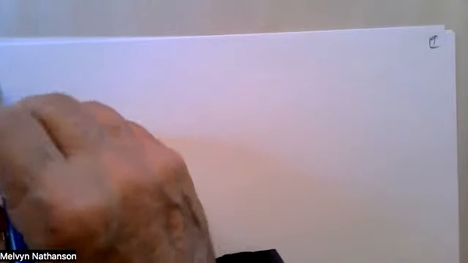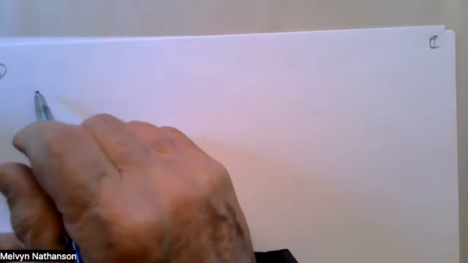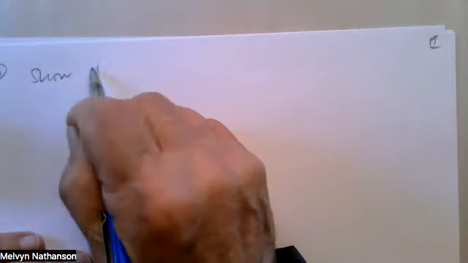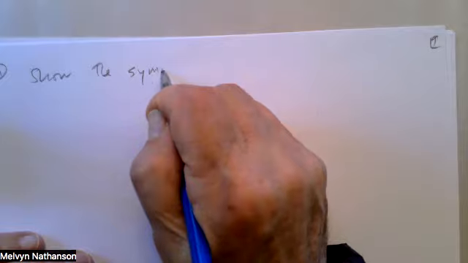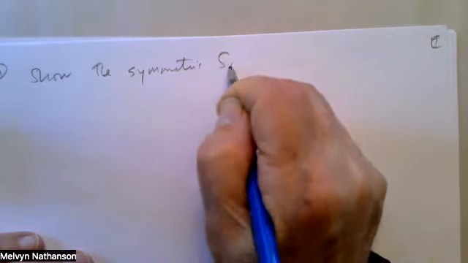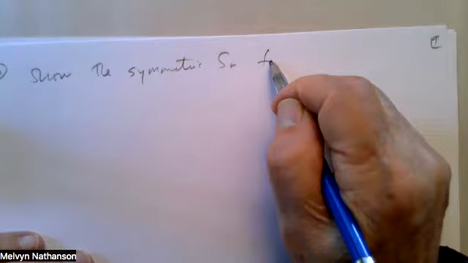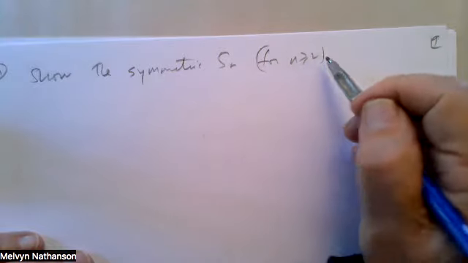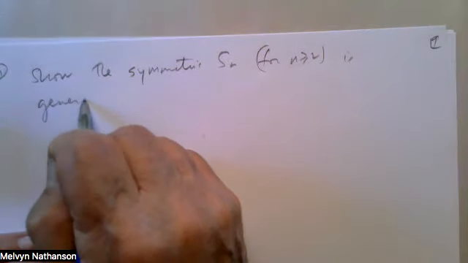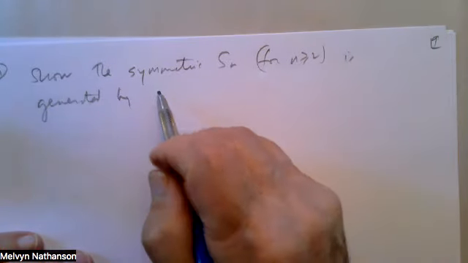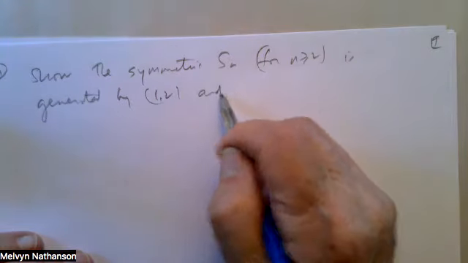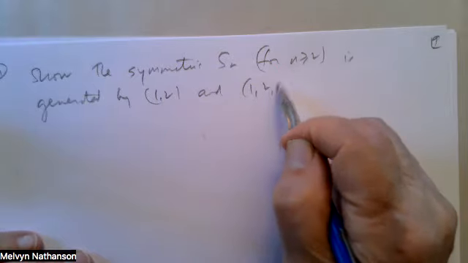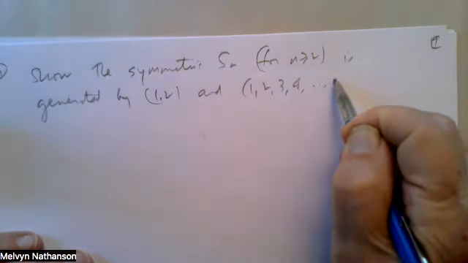What about number 17? Now this is even harder. Show that the symmetric group S_n for n greater than or equal to 2 is actually generated by just two permutations: the simple transposition (1 2), and the n-cycle (1 2 3 4 ... n).